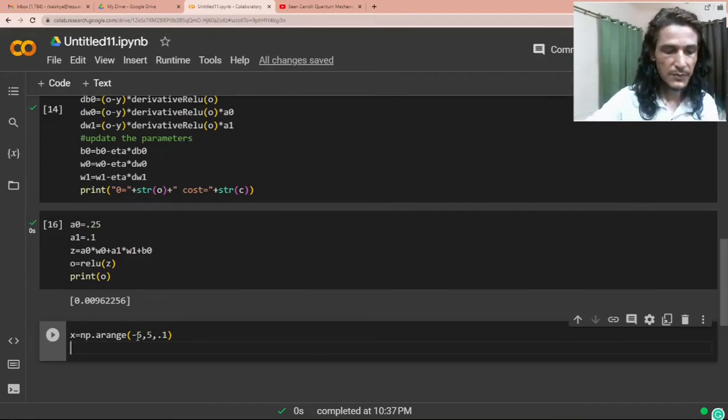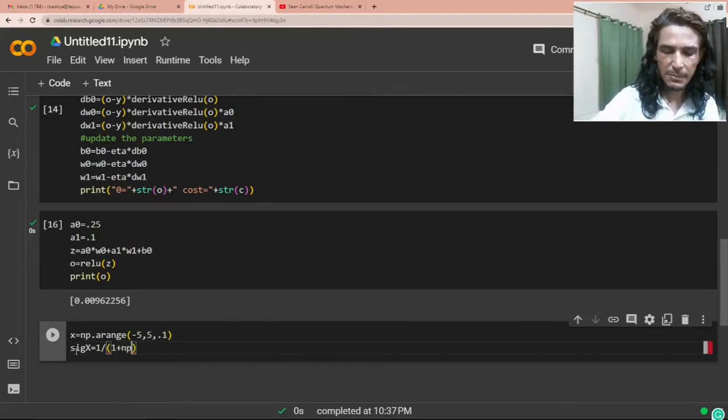sigmoid function. x is a numpy array now, so we can do something like this. What is the sigmoid of this x? Sigmoid of x is equal to 1 over 1 plus e to the power minus x.